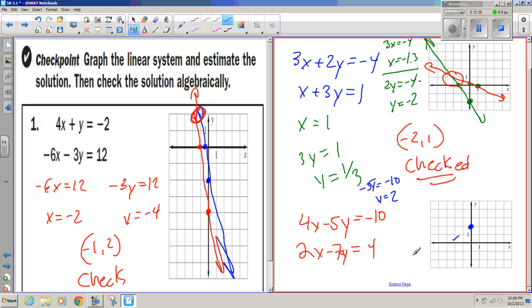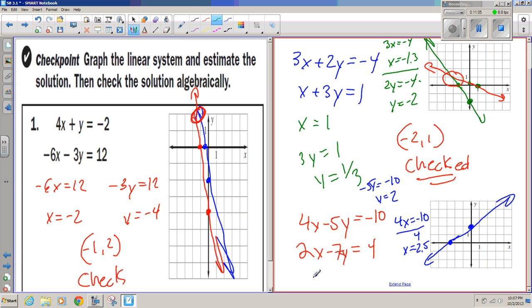Now let's get rid of the y, so 4x equals negative 10, divided by 4, x is about negative 2.5. So here's kind of how your graph should look.